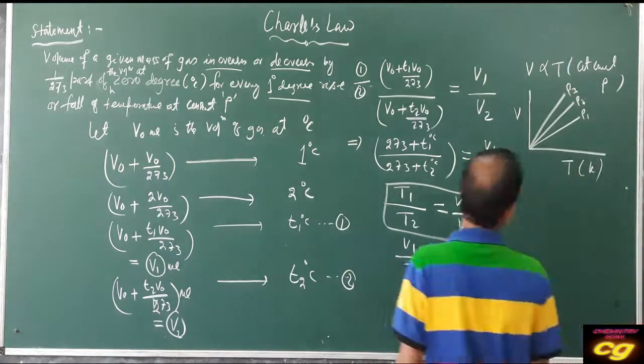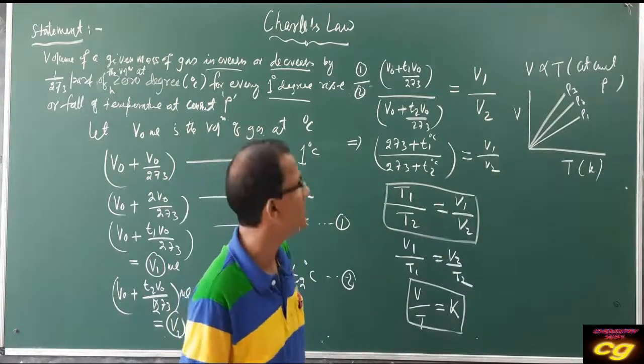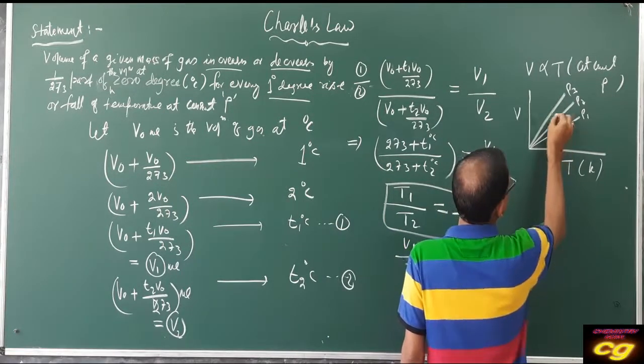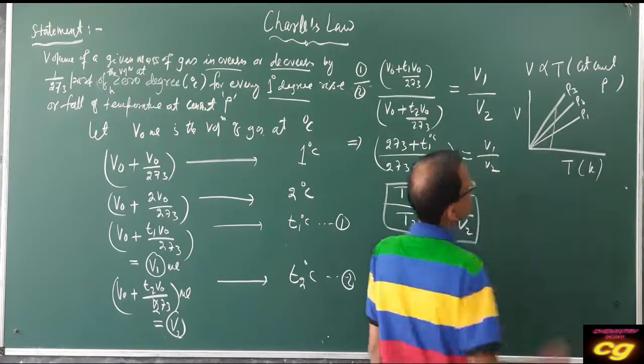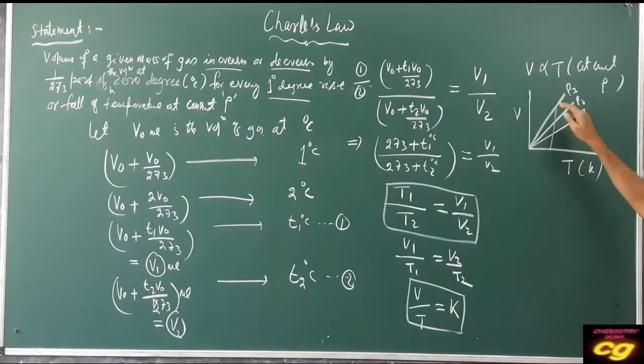The graph is plotted at different pressures. What is the relation between P1, P2, P3? When the temperature is constant, as volume is increasing, pressure will decrease. That's why P3 is less than P2 is less than P1.